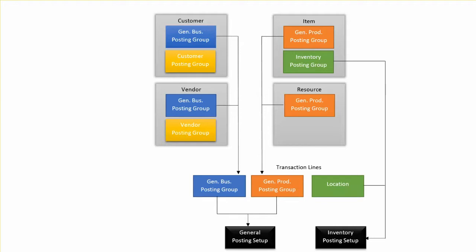What we've talked about so far is the general posting setup and the inventory posting setup. There are also customer posting groups and vendor posting groups. These are set up on the master records and identify the accounts that need to post for AP and AR.